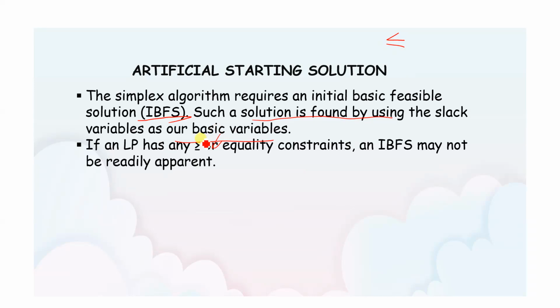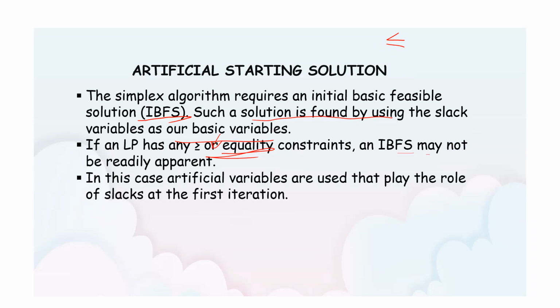But what if this is not the case? That is, if an LP has any greater equal or equation type constraints, then an initial basic feasible solution may not be readily apparent. So this is where the M method comes into play by introducing artificial variables and assigning a very large penalty M to them.